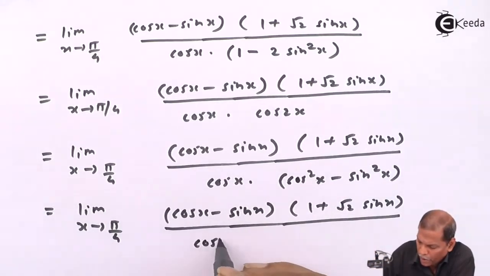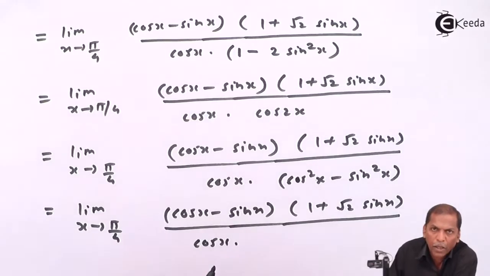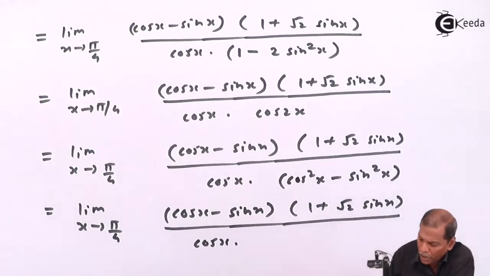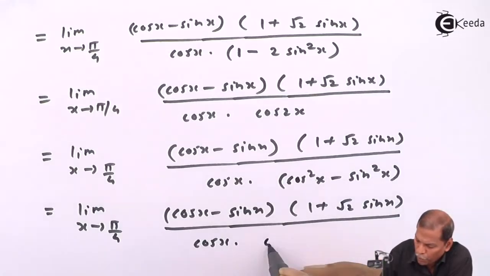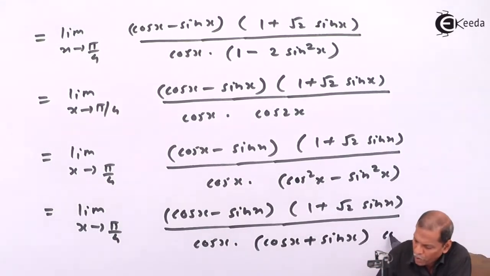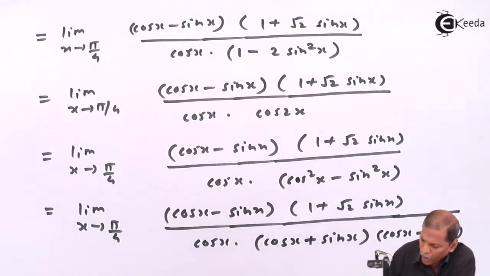In the denominator, we write cos x as it is, and the term cos square x minus sin square x gives us two factors: one is cos x plus sin x, and second is cos x minus sin x.